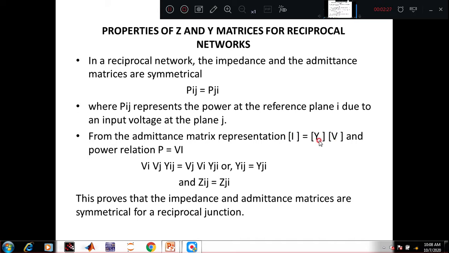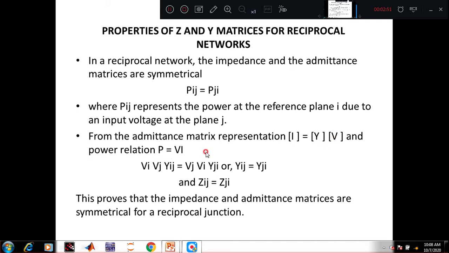And we know the relation between current and voltage in terms of impedance, that is Z is equal to V divided by I, and if you take 1 over Z, you will get the admittance, that is I divided by V. So from the admittance matrix representation, we know that current I is equal to Y into V. And what is the power relation?